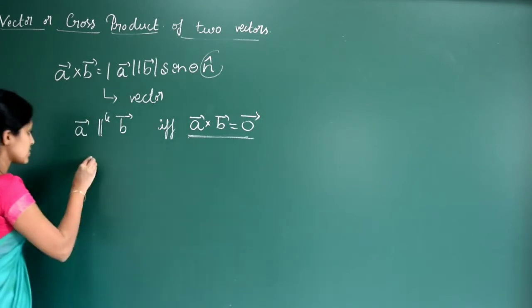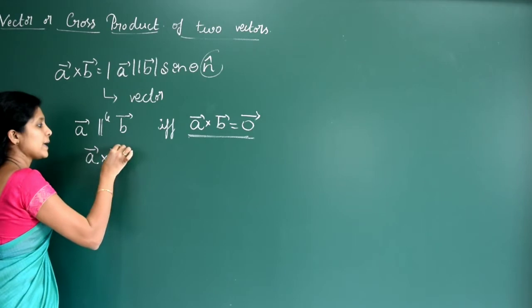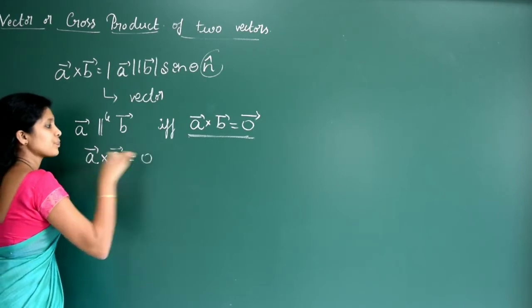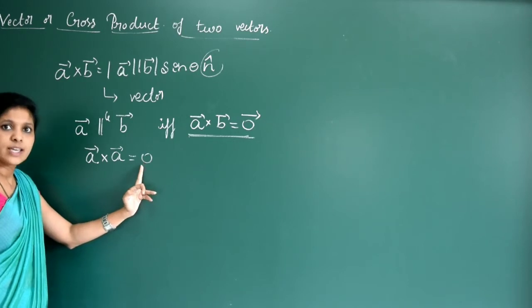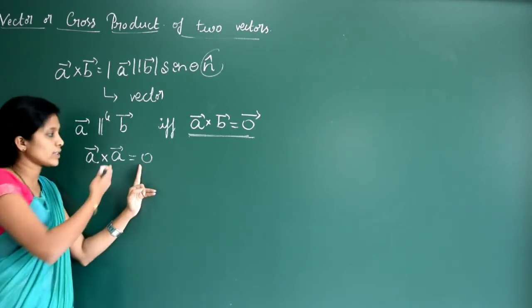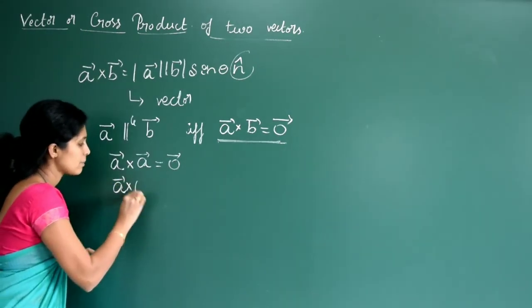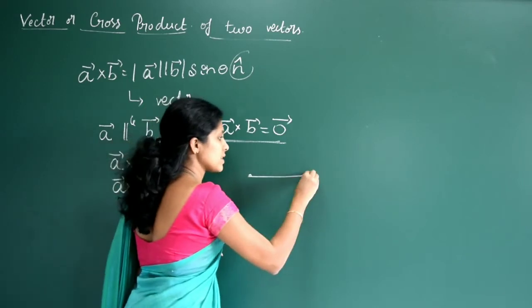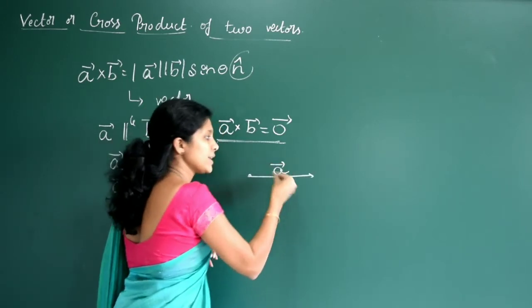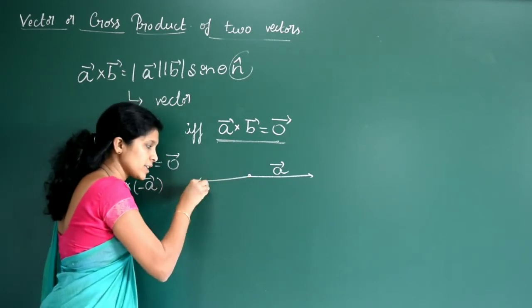A vector cross product with A vector will be equal to 0, right? Since it is the same line, the angle between them will be 0. So A vector cross minus A vector. Can you say? If this is A vector, minus A vector will have the same magnitude but be opposite in direction, right?